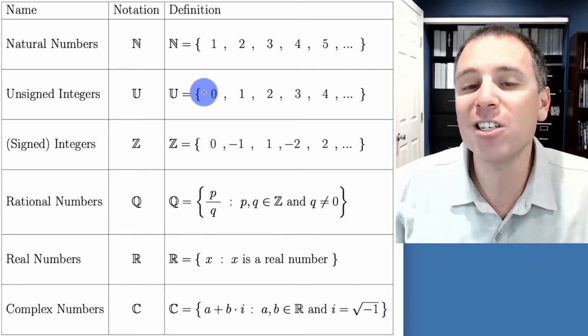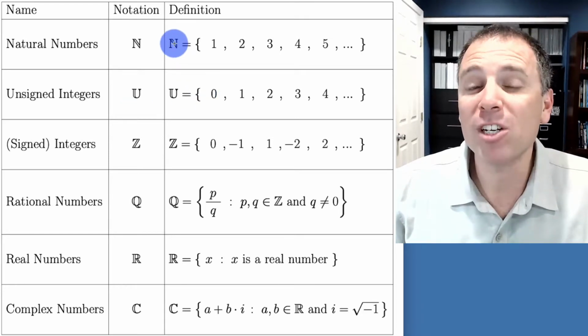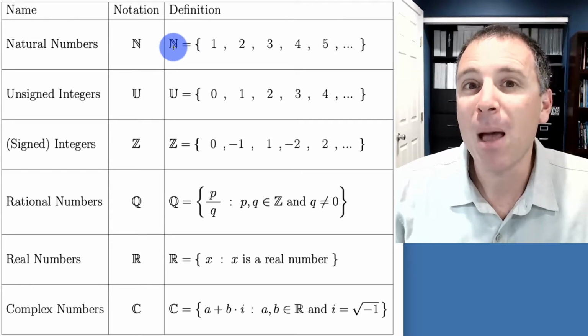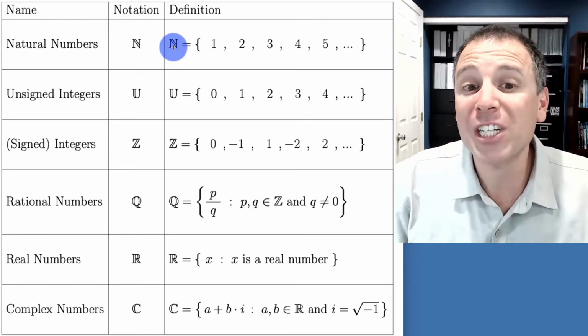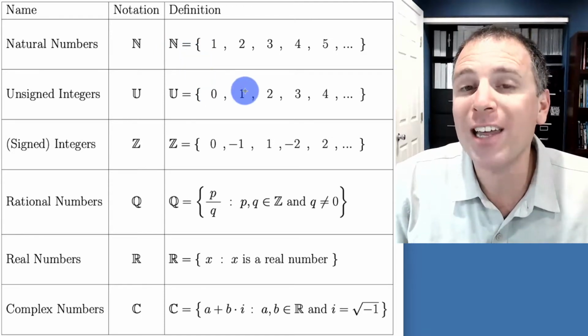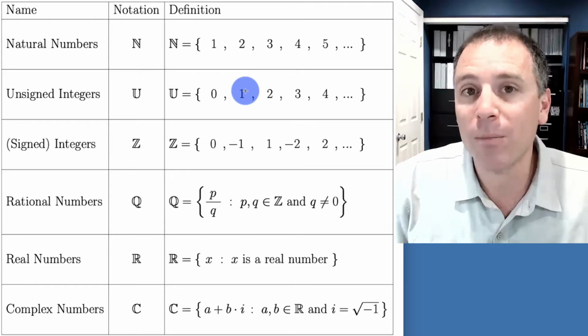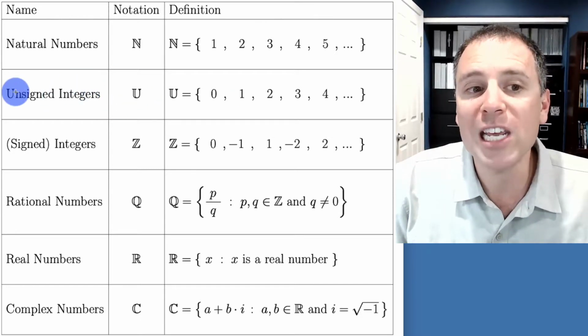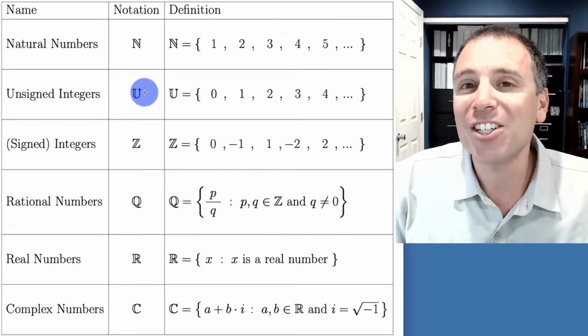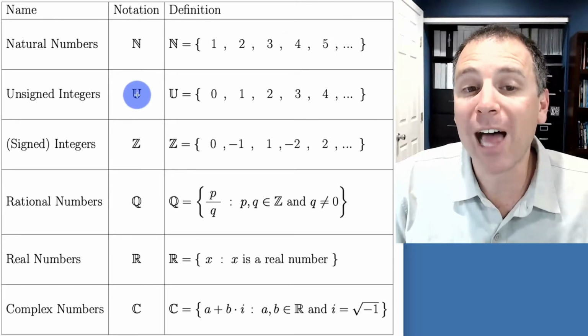The reason that this is useful is a lot of mathematicians refuse to include 0 in the natural numbers. But in this class on coding and MATLAB, we will actually need the set of non-negative counting numbers. Computer scientists call those unsigned integers. So we're going to use the capital U and just define our own set using blackboard U notation.